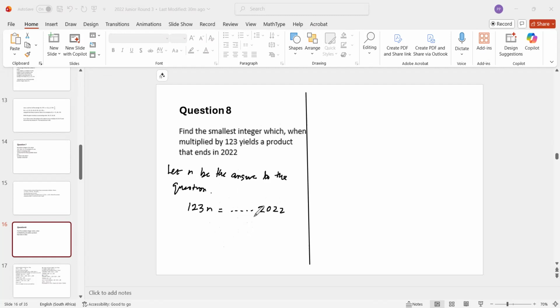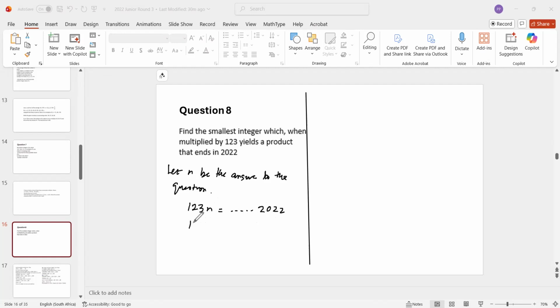So now you want to look for the smallest number. As it stands, 123 times n, if there's nothing in front, is not a multiple of 123. So it's quite possible that there is a number in front.